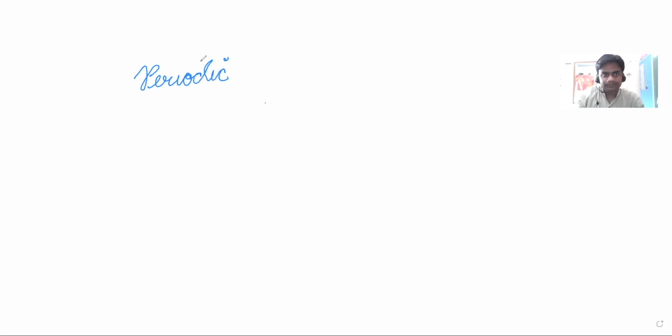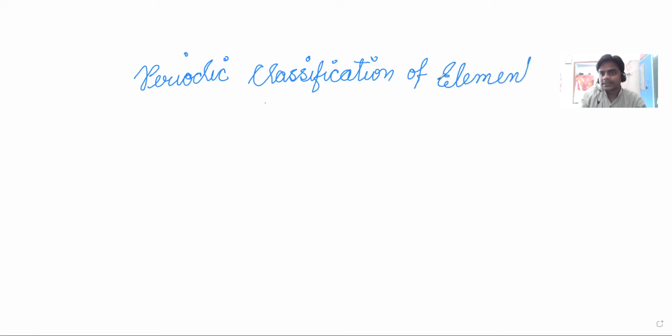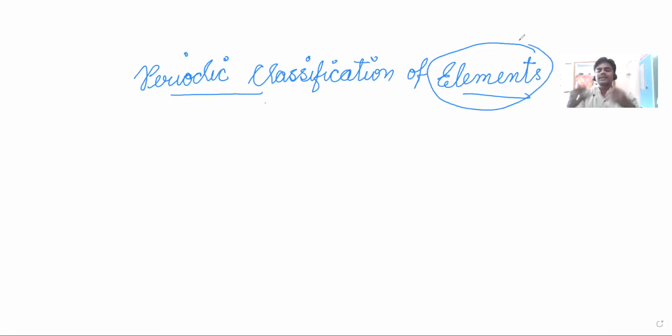First of all, we'll go with the basics: what is the need to classify the elements in the periodic classification? Why is it mandatory that the scientists thought about the classification of elements?